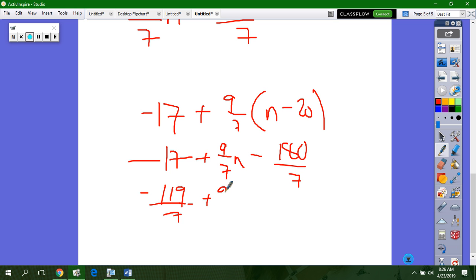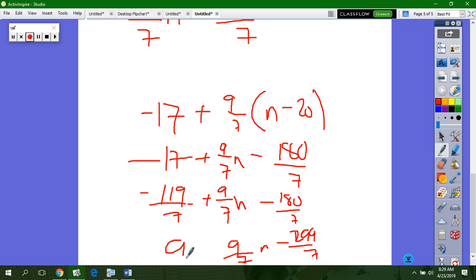I think that's right. So what did you get? And then notice 9/7 n minus 299 sevenths. See how I got the same result? Okay, so that's finding the generic term.